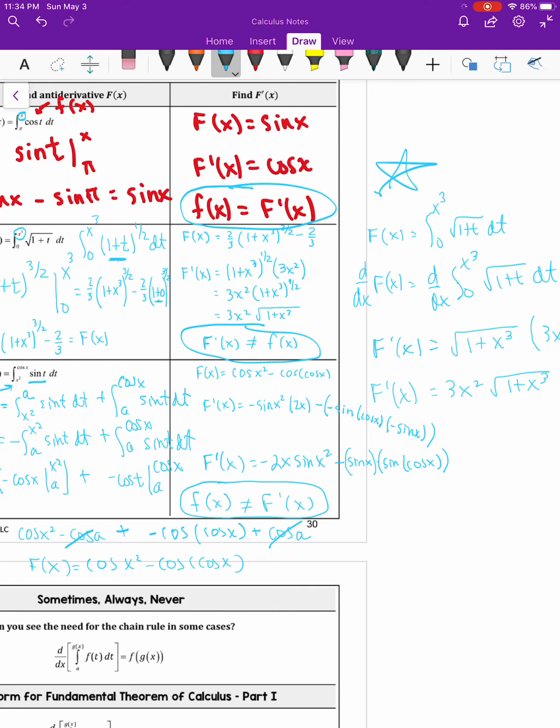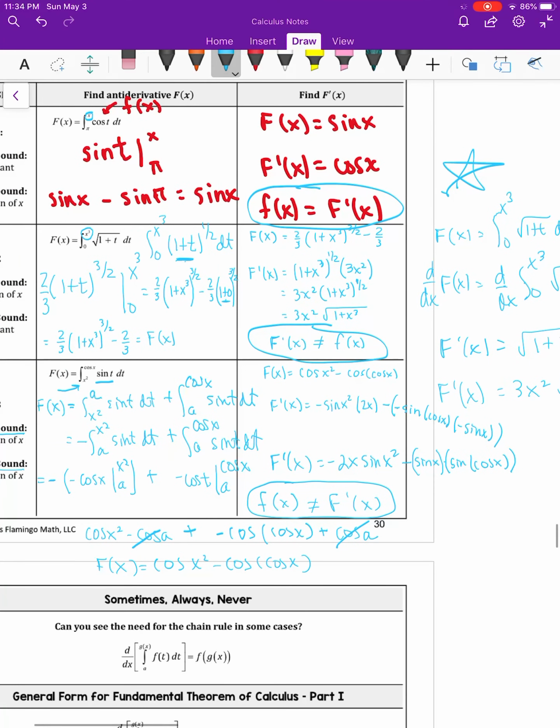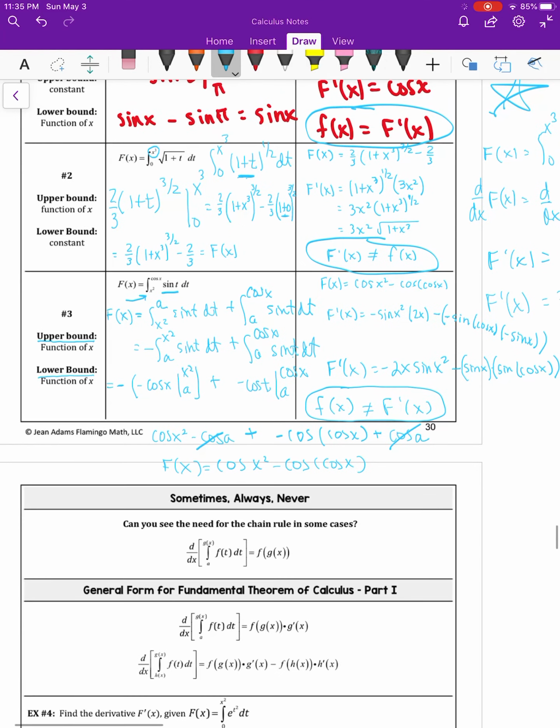And again, you can still split this up, but do you see how, if you were taking the derivative of both sides right away, you would have put sine x squared in and then multiplied by the derivative of x squared. And then here you would have put sine of cosine x in and then multiplied by the derivative of cosine x. Okay?